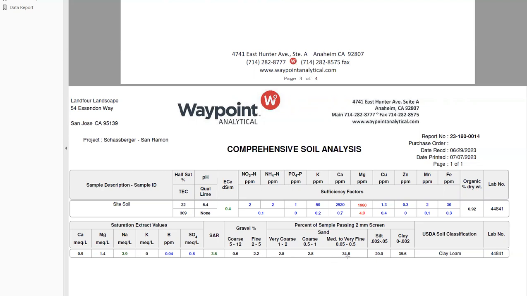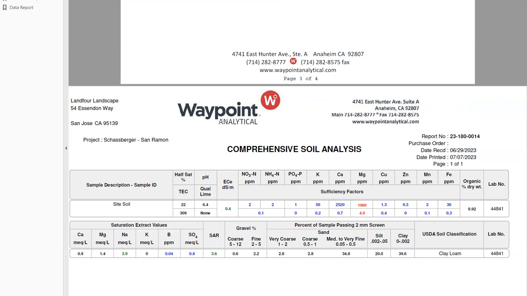So we've got 35, 36, 37, 38, about 40-ish% of sand. So here, let's say that this is 40%, 20%, and 40%. And by the way, for this soils analysis, I use Waypoint Analytical.